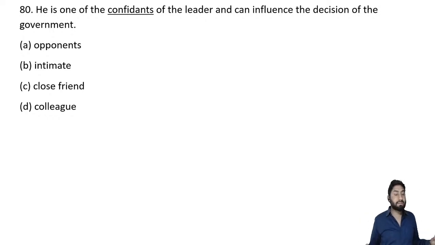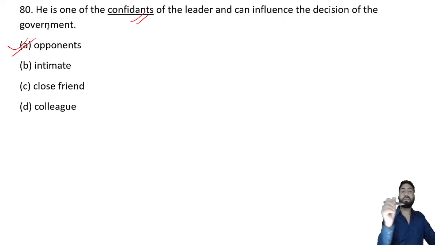So the next one is, he is one of the confidants of the leader and can influence the decision of the government. Now confidants पता है तुम्हें, accessories, confidants, सहयोगी उस सेंस में, right? So options सारे हमें लगता है opponents, intimate, close friend and colleagues सारा देख लिया. इसमें ज्यादातर वर्ड्स तो synonymous ही हैं. तो हमें जो इसका confidant means सहयोगी, तो opponent means विरोधी.